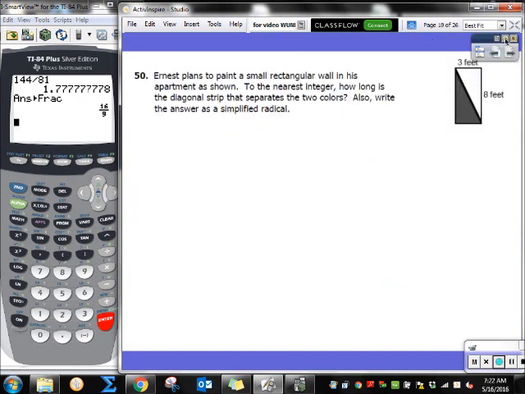And the last one for part 1: Ernest plans to paint a small rectangular wall on his apartment as shown. To the nearest integer, how long is the diagonal strip that separates the two colors? Also write your answer as a simplified radical. So this is just Pythagorean theorem if we need this hypotenuse. So that's going to be 3 squared plus 8 squared equals c squared.